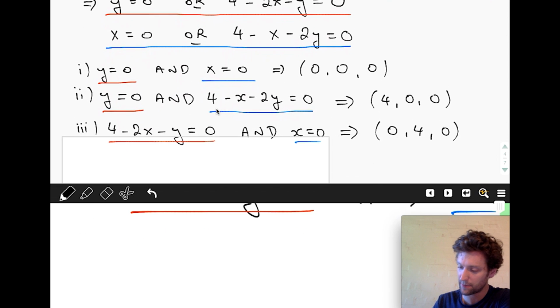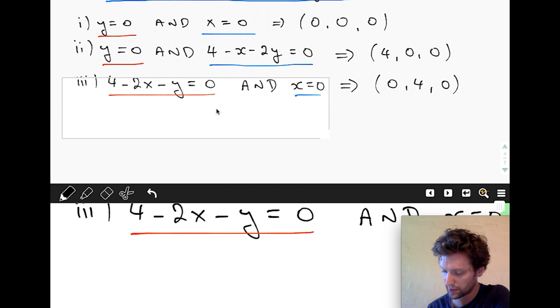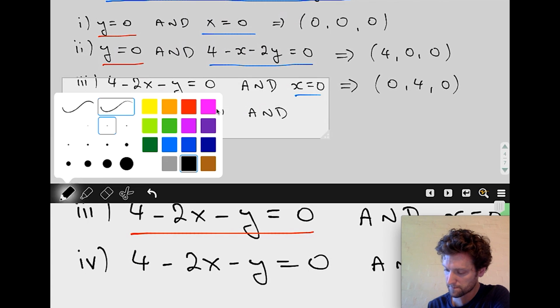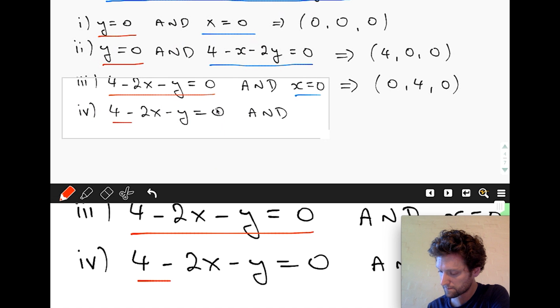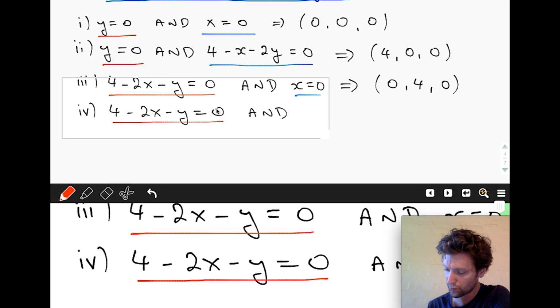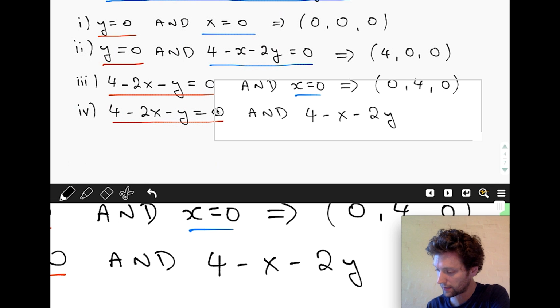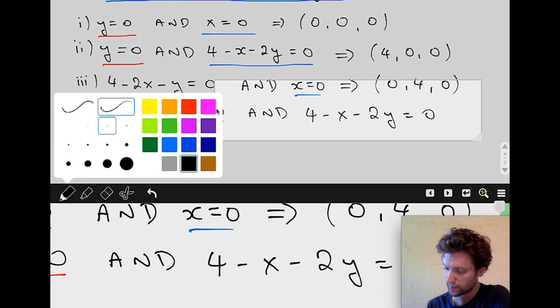And then I've got my last possibility, which is 4 minus 2x minus y equals 0 and 4 minus x minus 2y equals 0.